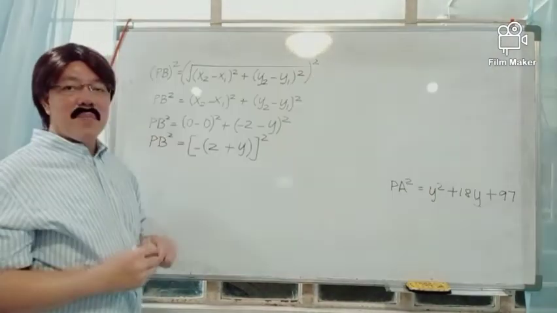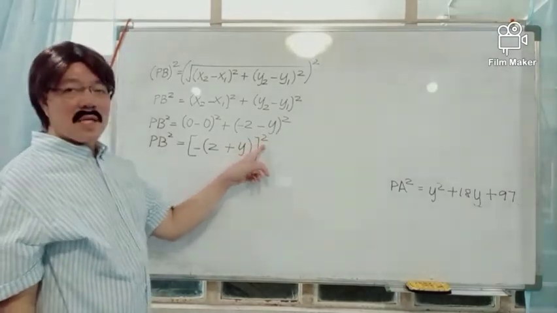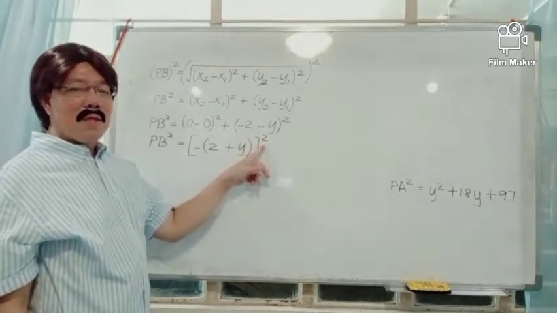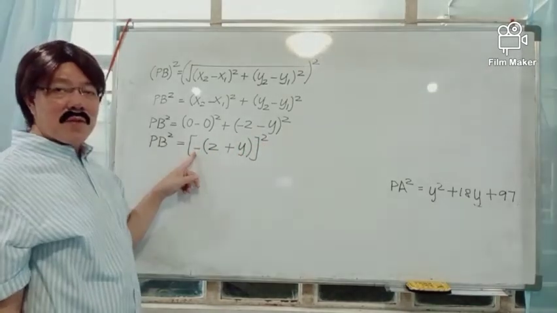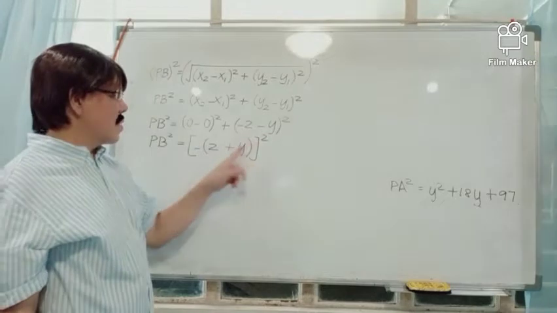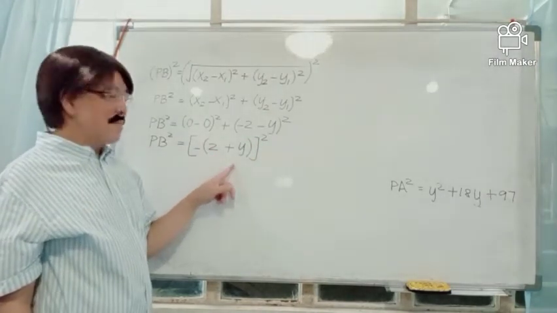And we apply the property of exponent. If you have a product raised to the same exponent, it's equal to the square of the first factor, negative 1 raised to 2, times the square of the second factor, 2 plus y.